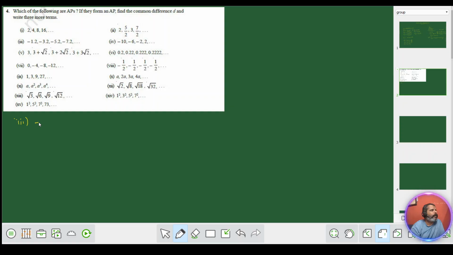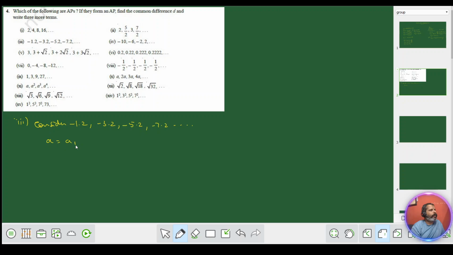Let's see. Consider minus 1 by 2, minus 3 by 2, minus 5 by 2, minus 7 by 2, and so on. Here, first term is what?